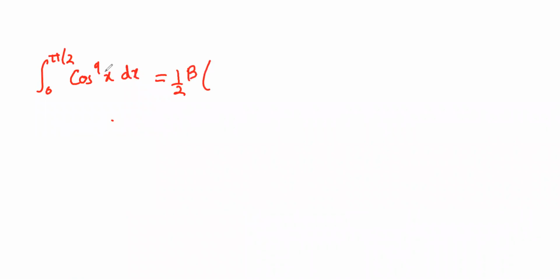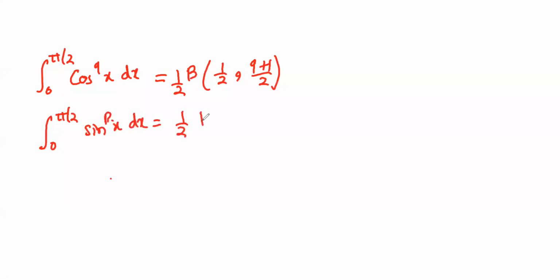As p is equal to 0 in this case, it will be 1 by 2 beta(1 by 2, (q plus 1) upon 2), and the integral from 0 to pi by 2 of sine raised to px dx will be 1 by 2 beta((p plus 1) upon 2, 1 by 2). Is it correct? Anyone got this? Any doubt in this? Please let me know.